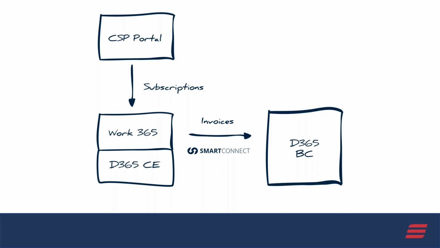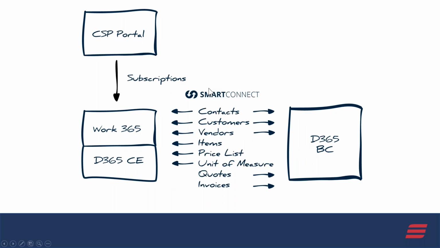Now, when you start thinking about it a little bit further, what this graphic actually should show is what we have on the next slide. All right, we want the invoices, but in order to synchronize the invoice, we need to have all the supporting records as well. So at the bare minimum, we need to have the customers and accounts synchronized, and we also need the inventory and products tied together in order to get the invoices.